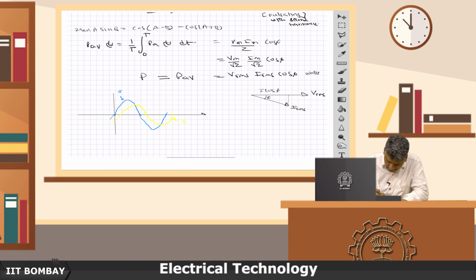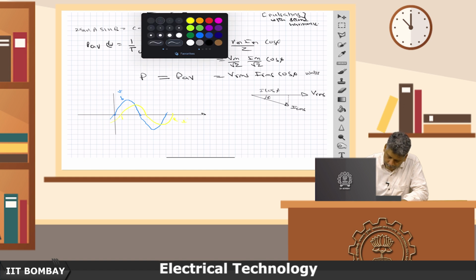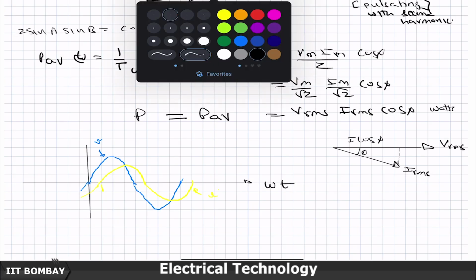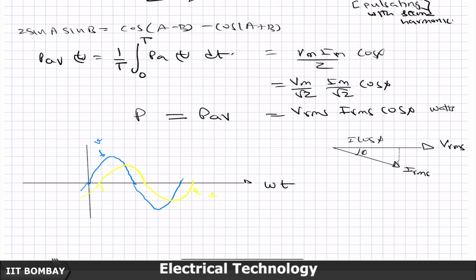it goes like this, and if I take the x axis as omega t, then I can directly mark angles. Then this angle here between the two appropriate zero crossings is called the phase angle phi between the V and the I phasor.